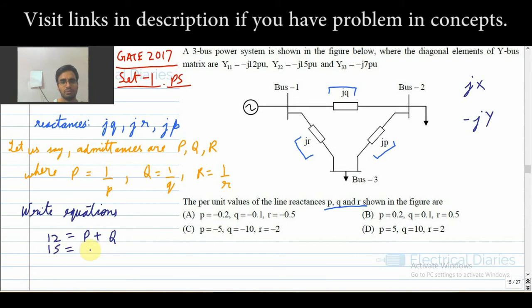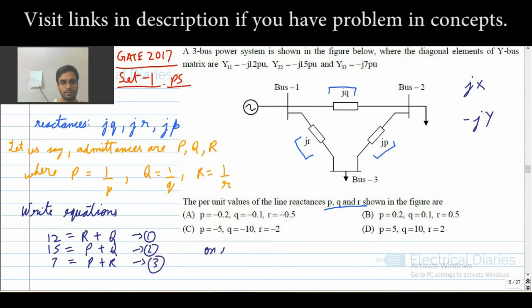To bus 2, Q and P are connected, so P plus Q. To bus 3 it is given 7, and to bus 3, R and P are connected. So we have got these three equations.